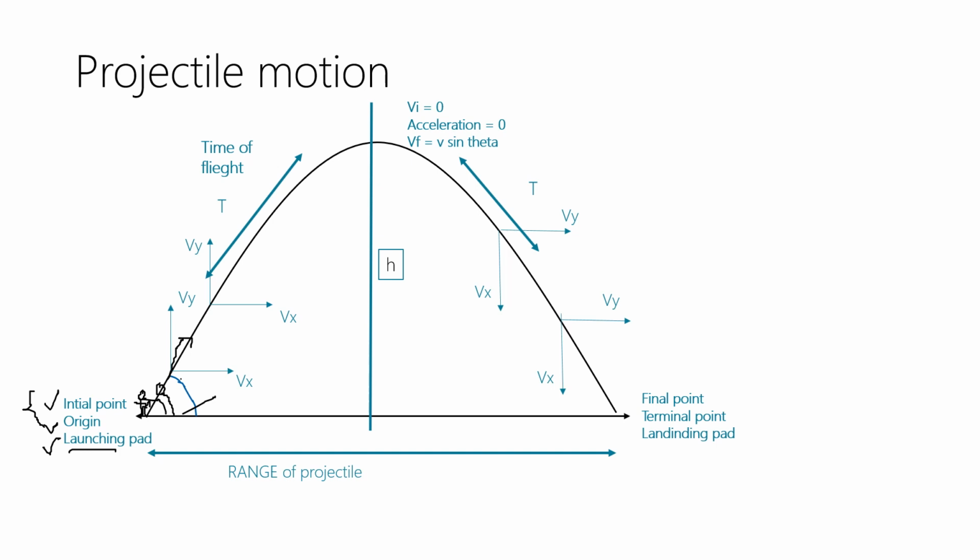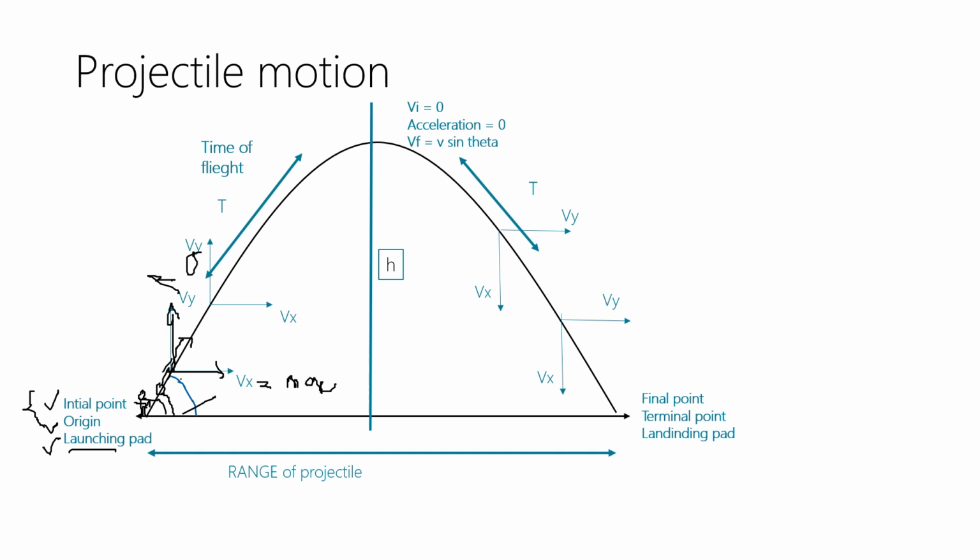Now here, when the body moves upwards, there is a y-axis as well as an x-axis. Now the force in the x-axis is maximum, while the force in the y-axis is 0.